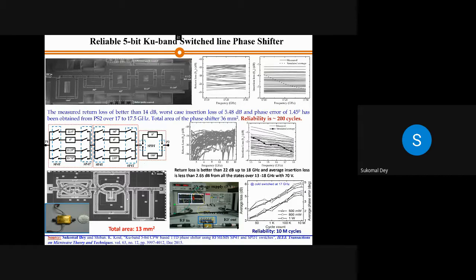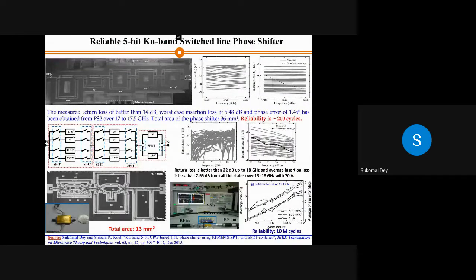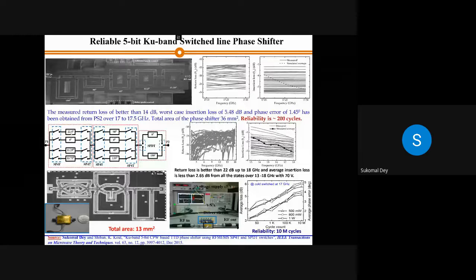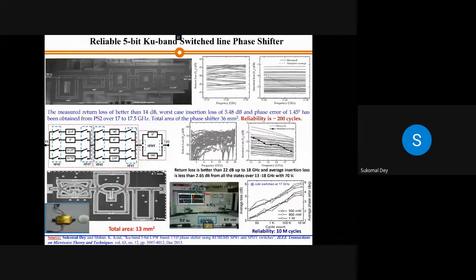But still there is some problem. If you look at this particular topology, again I am writing this particular topology over here. In the previous topology, I said that we used one fine bit. The fine bit is where you are dealing with the low phase bits like 22.5, 11.25, 33.75, and the coarse bit is the higher digit number like 90 degree, 45, 135, like that.